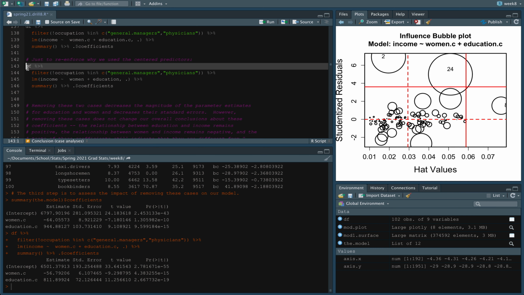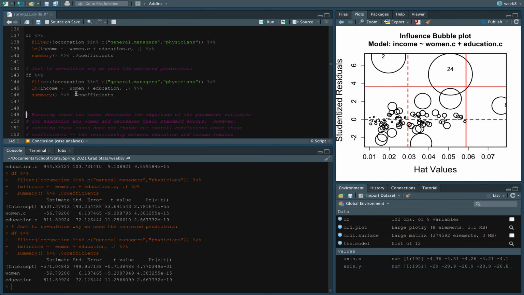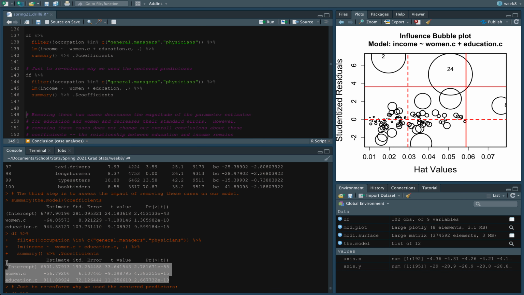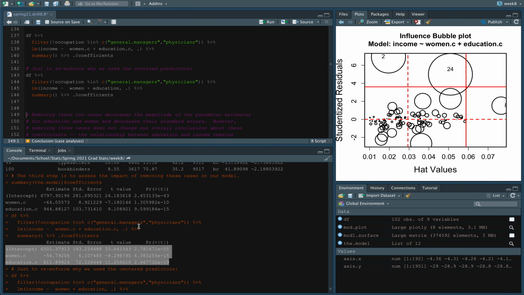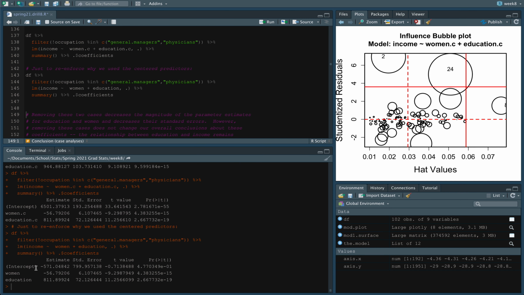Then here, just real quickly, I wanted to reinforce why we use the centered predictors. So doing the same thing, but using the raw predictors, if I hadn't centered the variables here, instead of saying the predicted income would be $6,500 for the average percentage of women and average education, I would instead be saying the predicted income for an occupation that has 0% women and 0 education is expected to be negative $571.